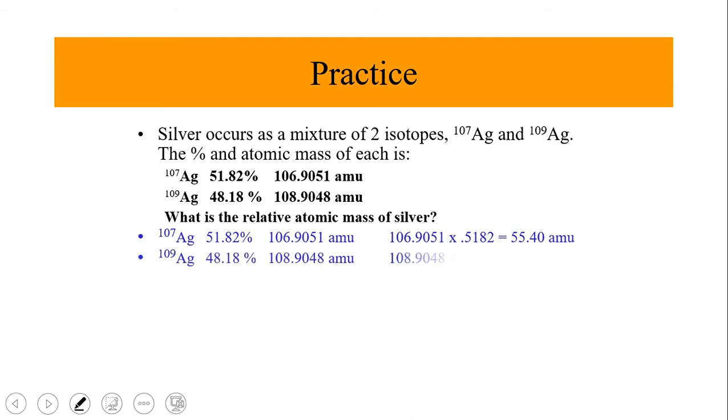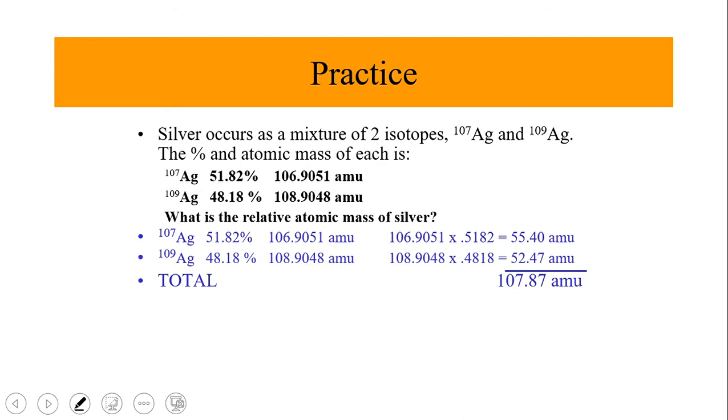For 109, it would be, again, 108.9048 AMUs times its abundance, which in decimal notation would be 0.4818, and that's 52.47. We add those two, and we get 107.87 AMUs. And that is the value that is shown on your periodic table.